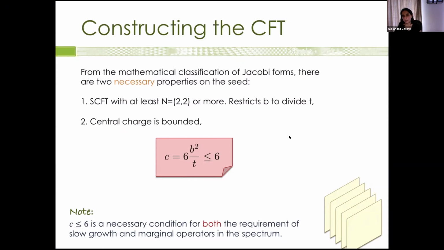If you want this operator to be marginal, I hope my memory doesn't fail me, but if you looked at the twist of the state with lowest R charge, you got something like C over 6 times L minus 1. I can look up my paper, but I think this was the right formula for a BPS operator. If it's not BPS, it looks like this Renyi type formula where you get something like L and 1 over L.